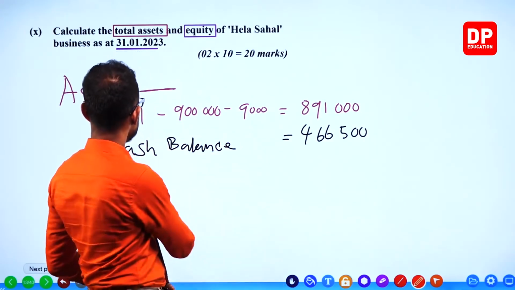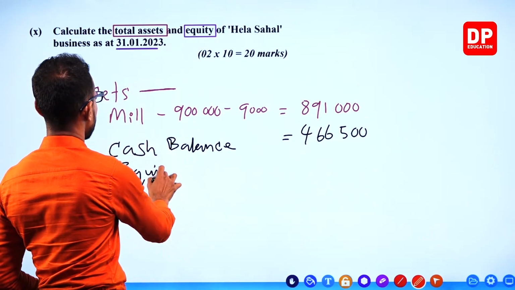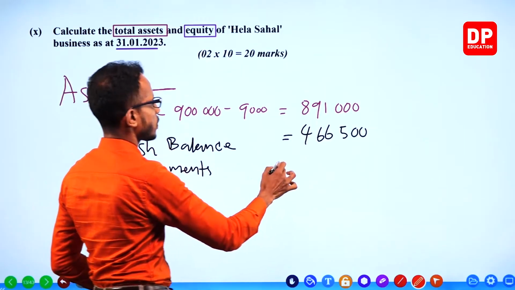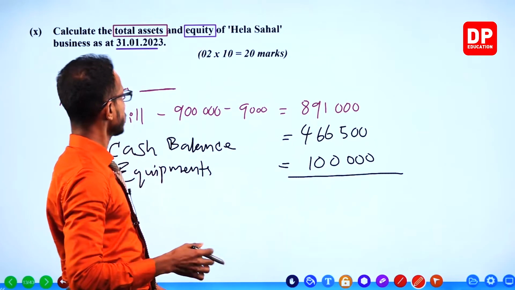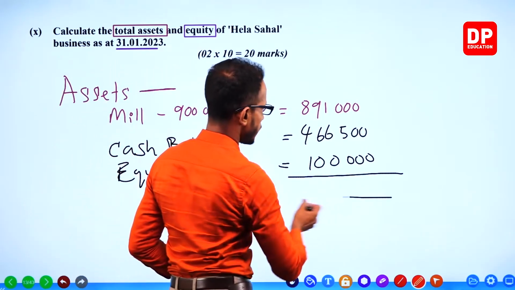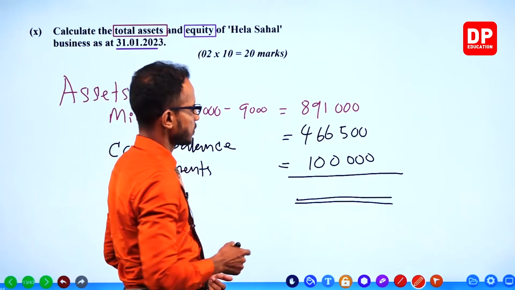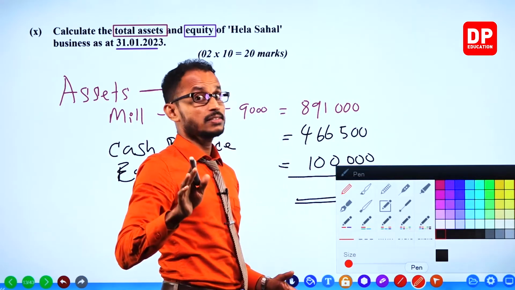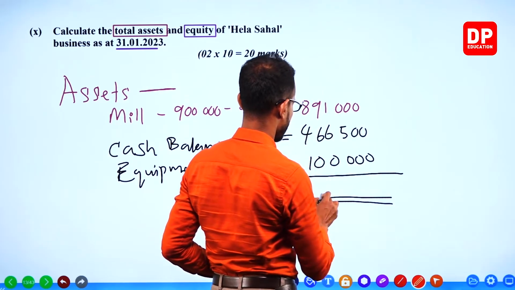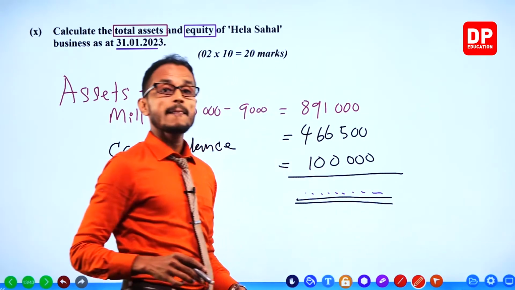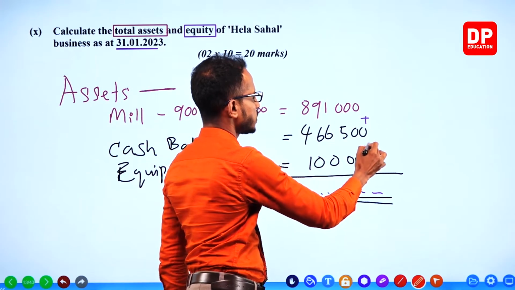Here we go. This is the last asset, equipments. 466,500 plus 100,000. You get the final asset balance, total assets. At least that you have to do. Final assets, total assets. Addition of these three assets.